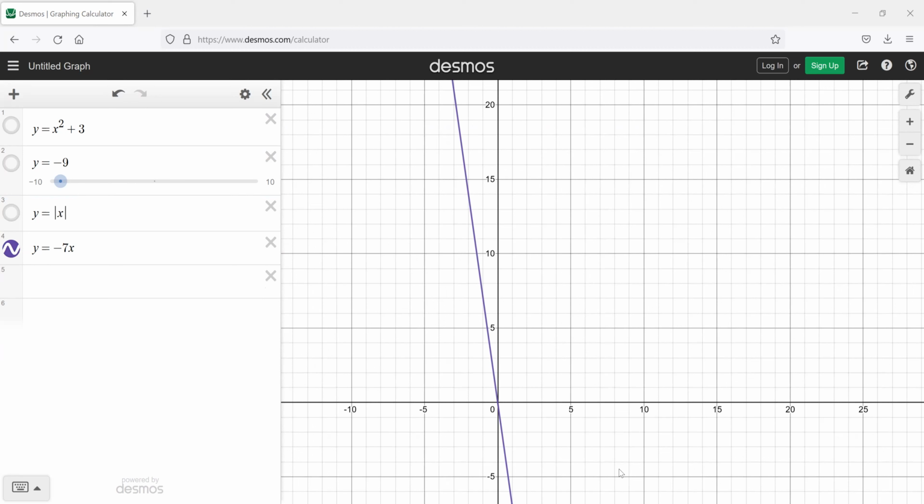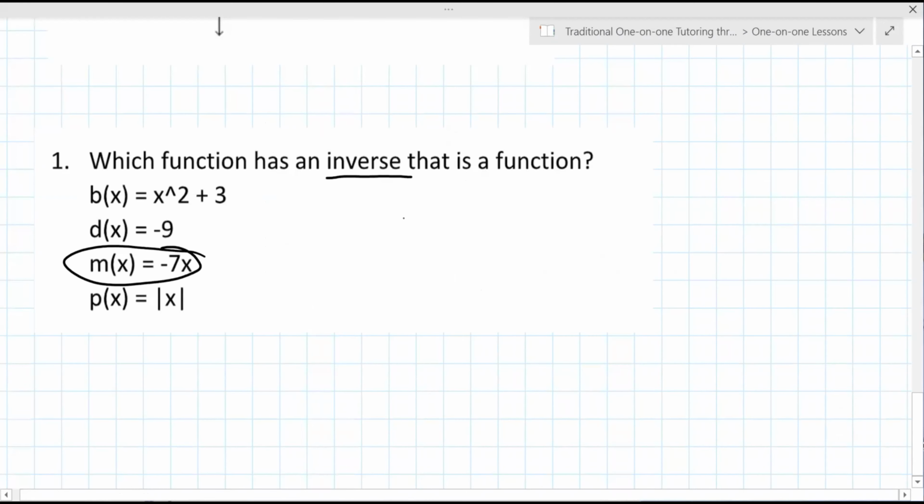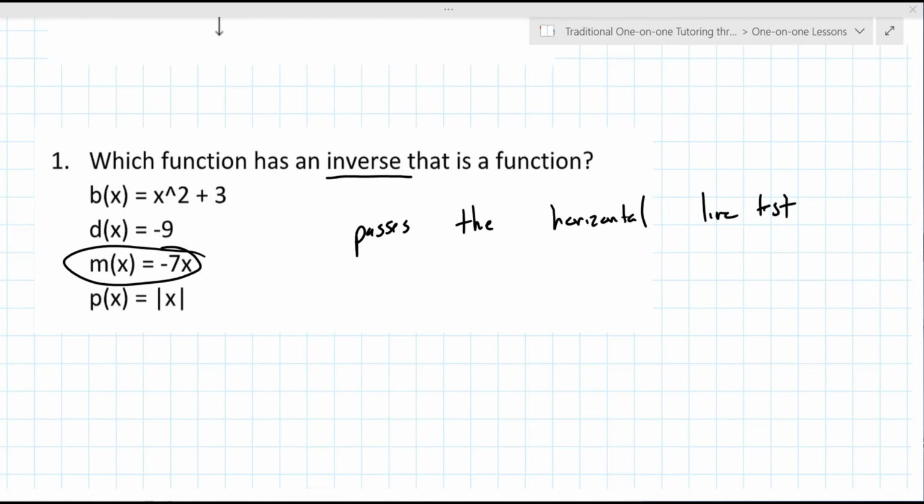So I'm going to go back to sharing the other screen here. But an inverse means it passes the horizontal line test, meaning it only hits it one time. Got it. That makes more sense.